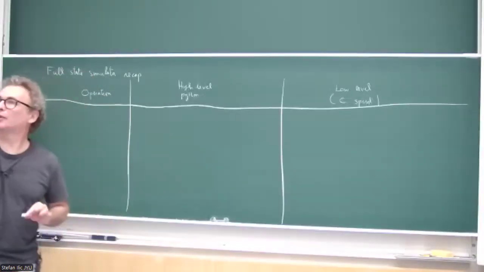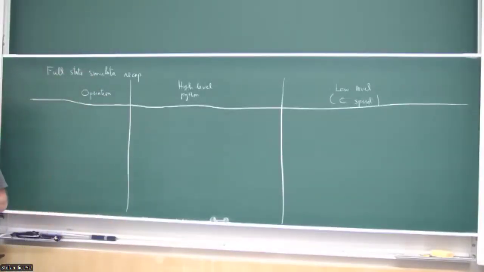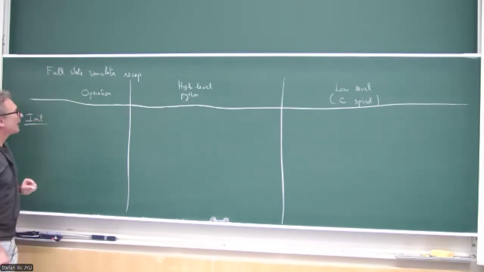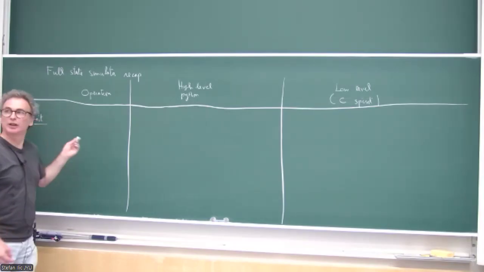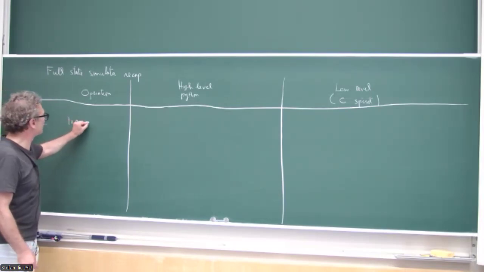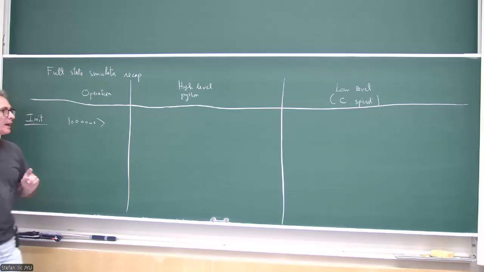So we want to do first a full state simulator, right? The first thing we need to do is initialization. Essentially, we want to get into the state 0, 0, 0, 0. I have put two columns.